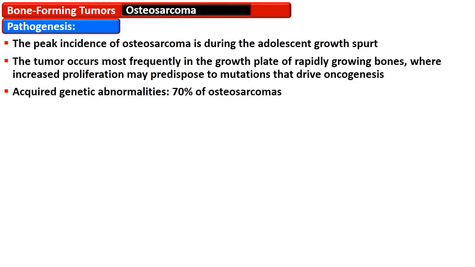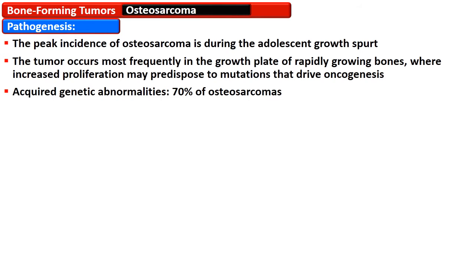The peak incidence of the tumor is during the period of growth, that is adolescence, and the tumor site is near the growth plate of rapidly growing bones, such as the femur, tibia, and humerus. The increased proliferative activity predisposes to mutations that lead to the formation of the neoplasm.